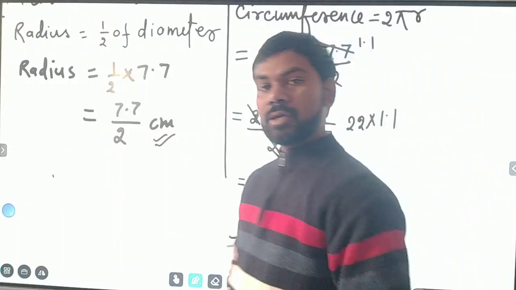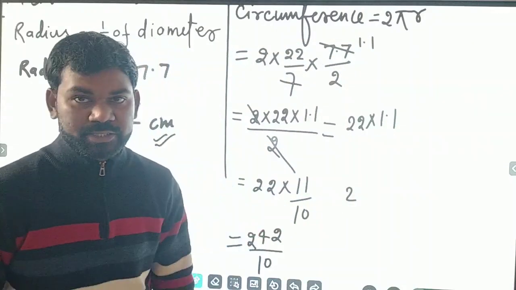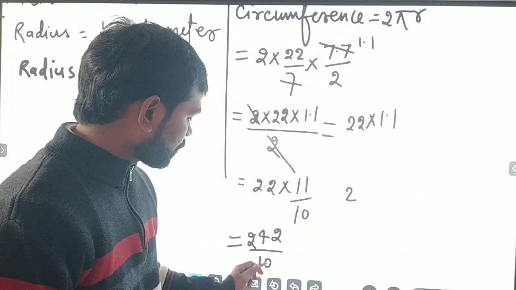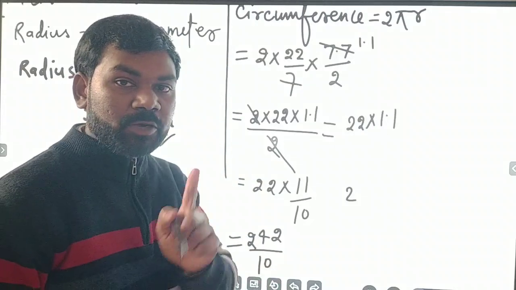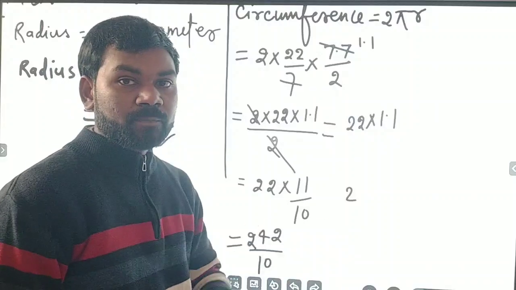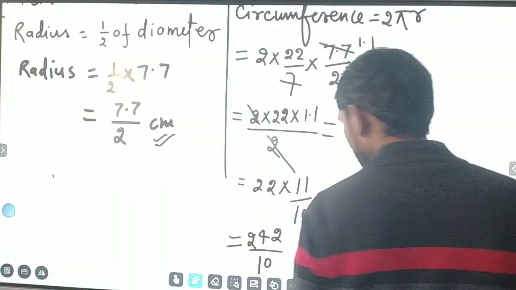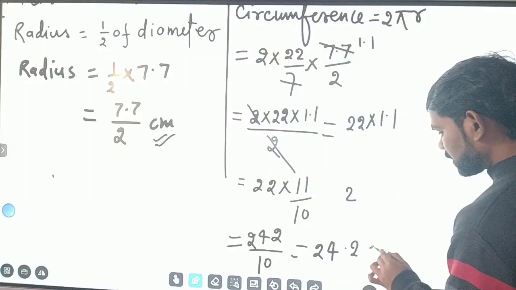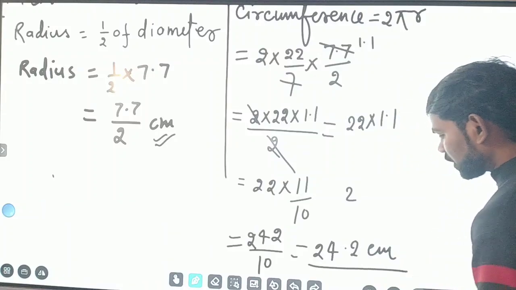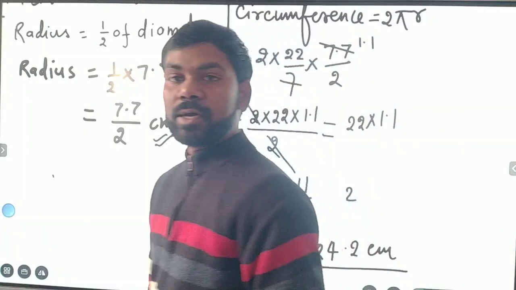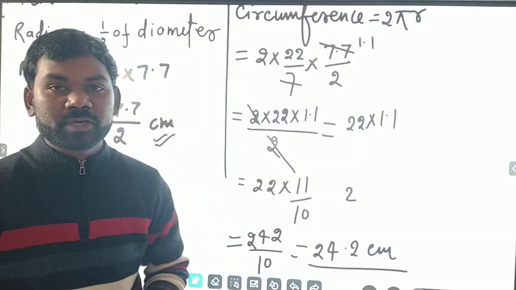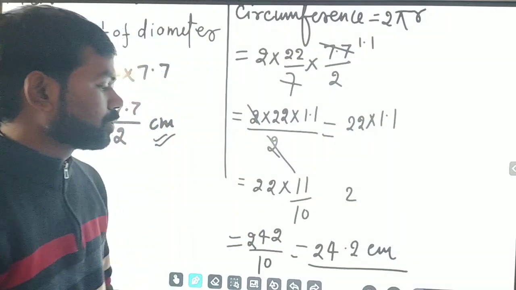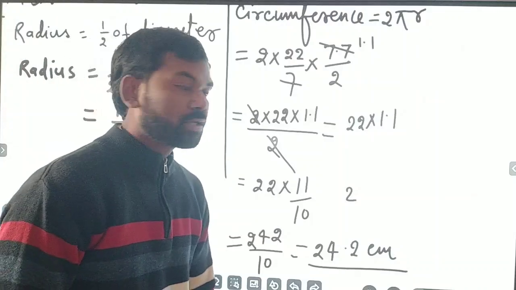As we know, a fraction having the denominator 10 is known as a decimal fraction. So the decimal will be placed from the right side after one digit. So here we get 24.2 centimeter. So this 24.2 centimeter represents the circumference of the circle.